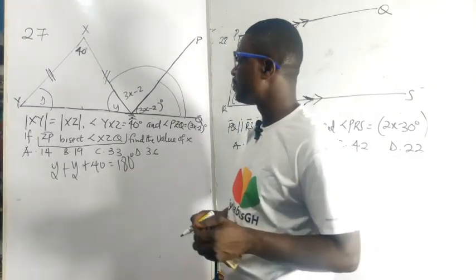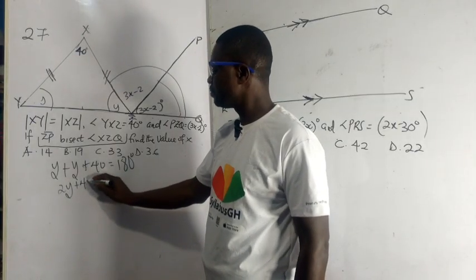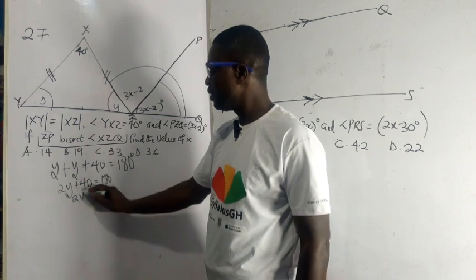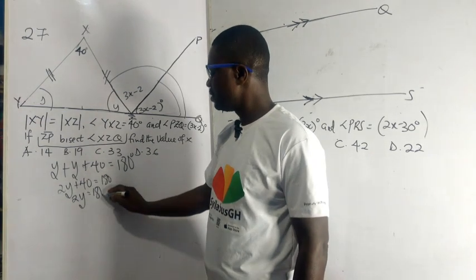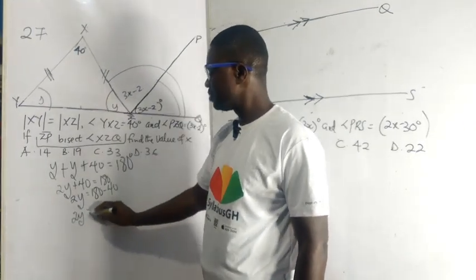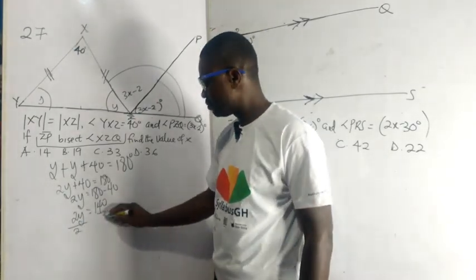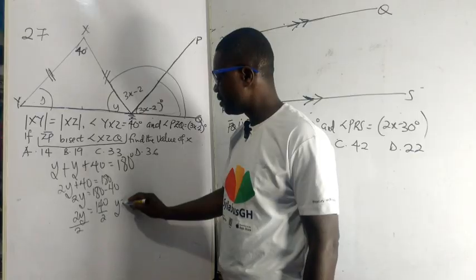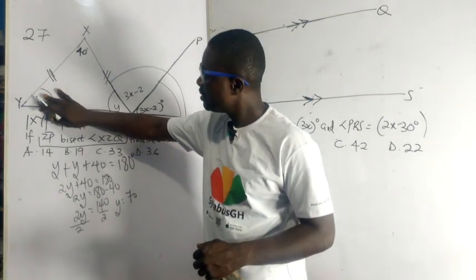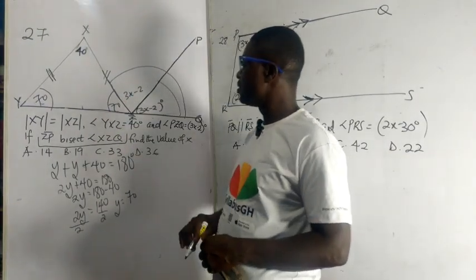Now from here, you have 2y plus 40 is equal to 180, and then 2y is equal to 180 minus 40. 2y is equal to 140. You can divide both sides by 2, and our y is 70. That is good. So we realize that this side is 70 and this side is also 70.